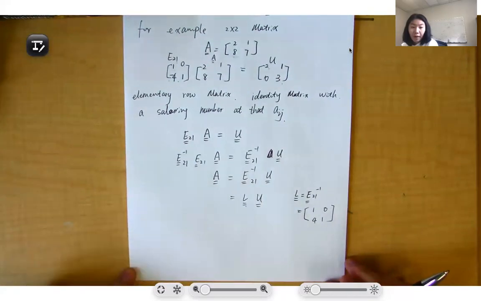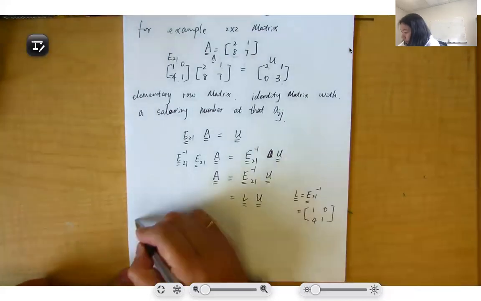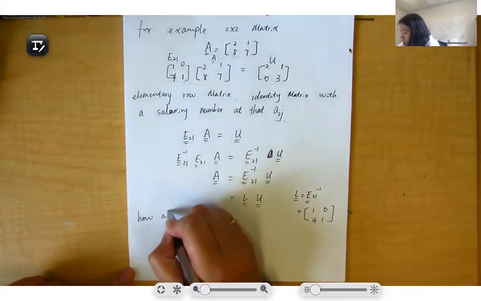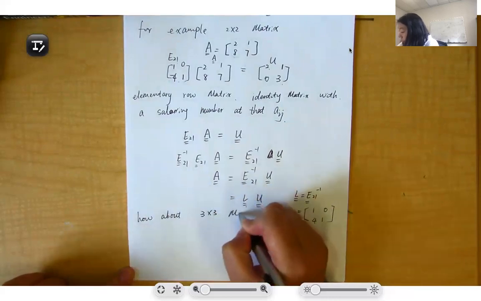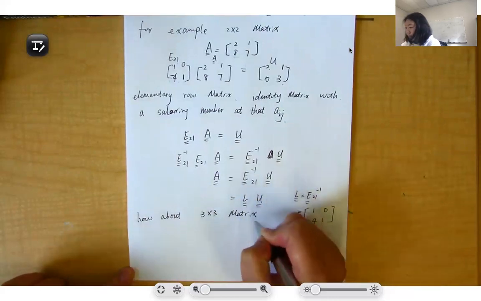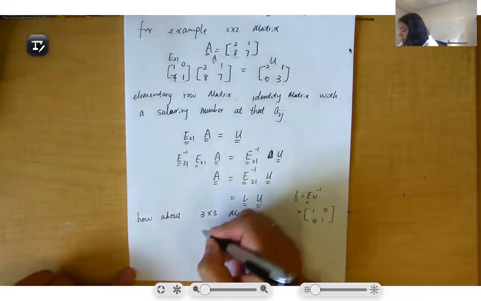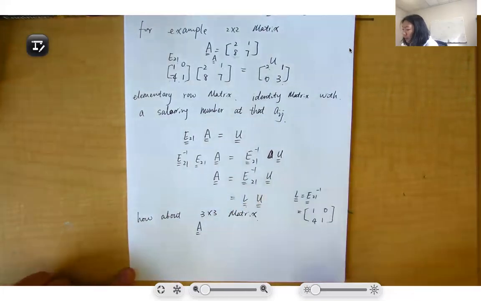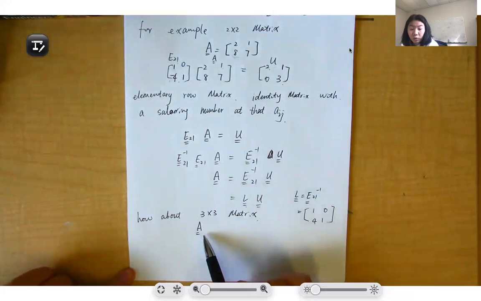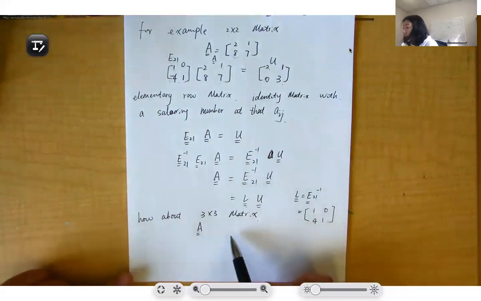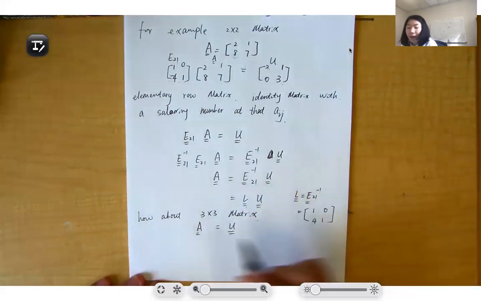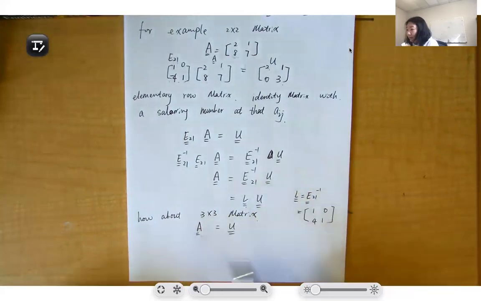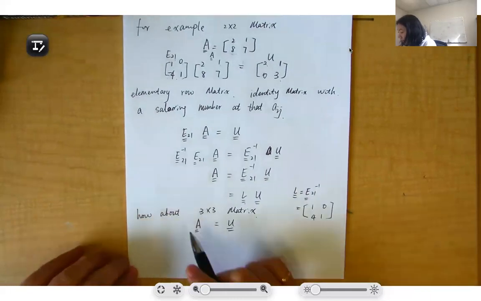Then how about a 3 by 3 matrix, or an n by n matrix? You have this A, and you are trying to convert it to a 3 by 3 upper triangular matrix, so trying to convert it to U. What kind of operation do you need to apply on this A?